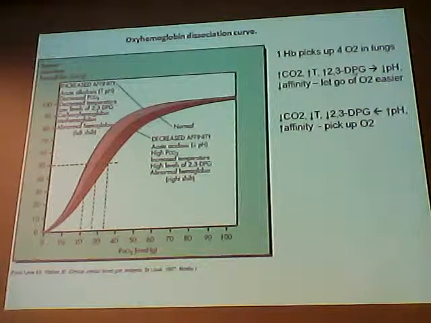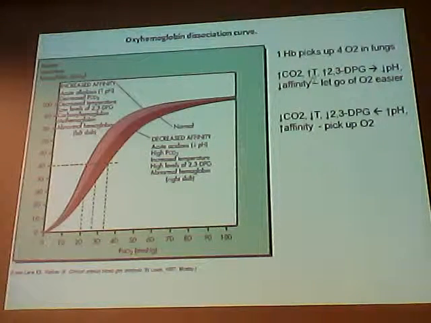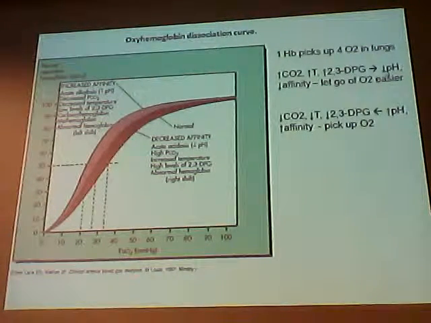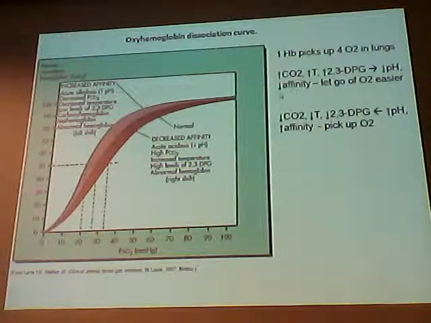I don't think you need to know that one as much. A decreased affinity means you let go of oxygen easier. So if you've got a lot of CO2, a high temperature in the system, or a low pH, you shift to the right and decrease affinity.